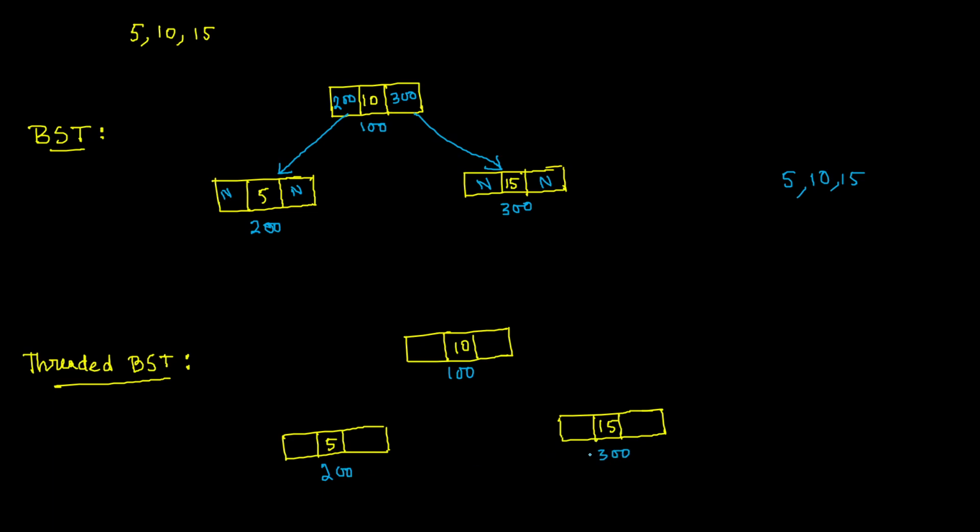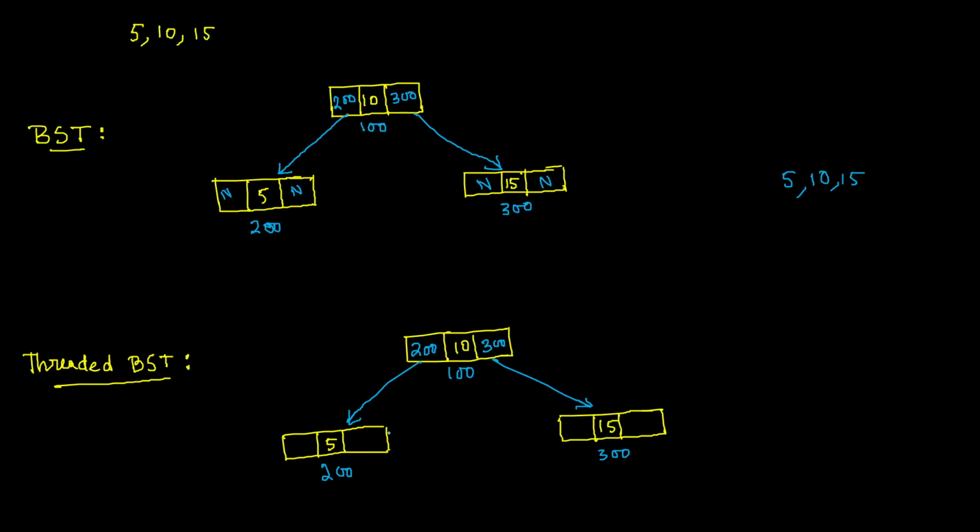And the root will point to its left child and right child, so this contains 200 and 300, so that it can point to this node and that node.